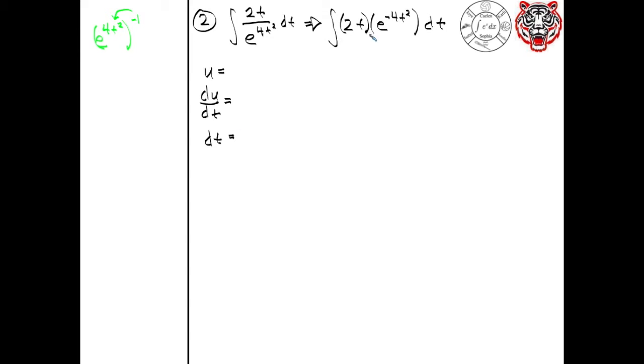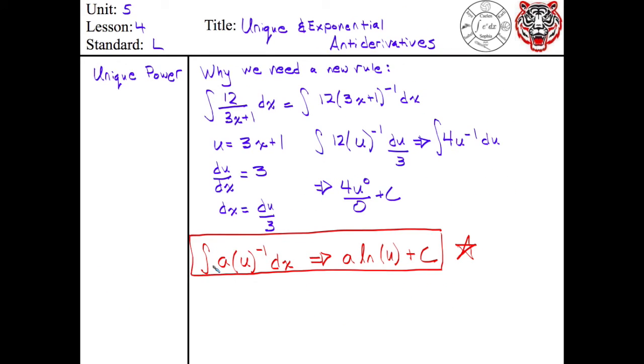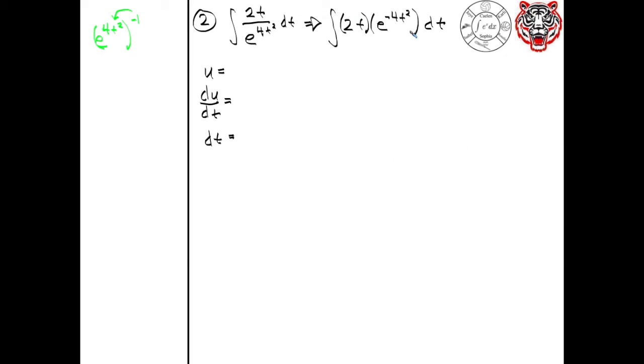Okay, what is our u? We have a bunch of stuff to choose from. Generally speaking, it's going to be the most complicated thing. You can think of this 2t term as the a out in front in our general formula. So that means we're going to be dealing with this other term.